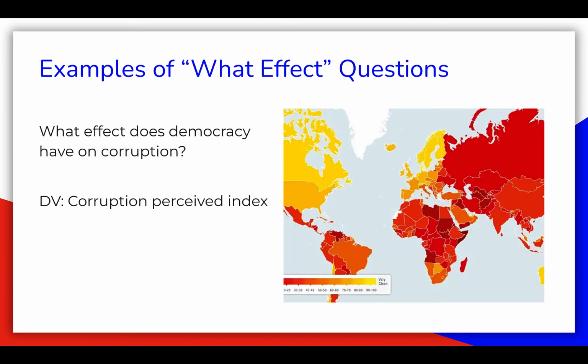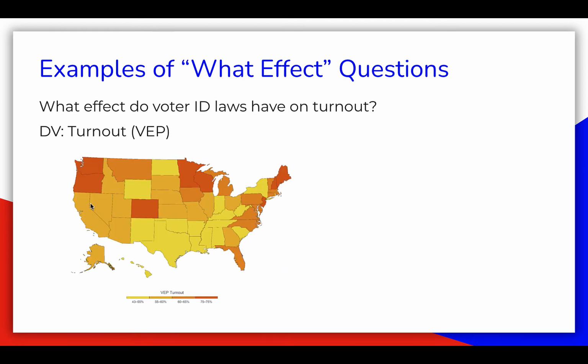The next one is, what effect does democracy have on corruption? So here our independent variable is democracy, and our dependent variable is still corruption, specifically the corruption perceptions index. Our next one is, what effect do voter ID laws have on turnout? And the same is true still, right? Our dependent variable is turnout using voter eligible population, and voter ID laws would be our independent variable.